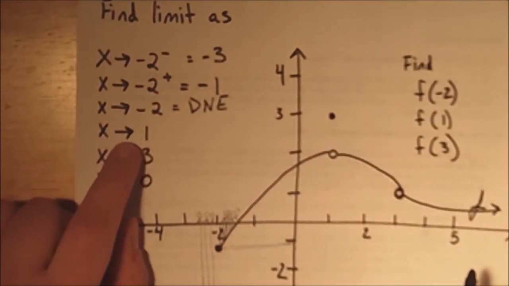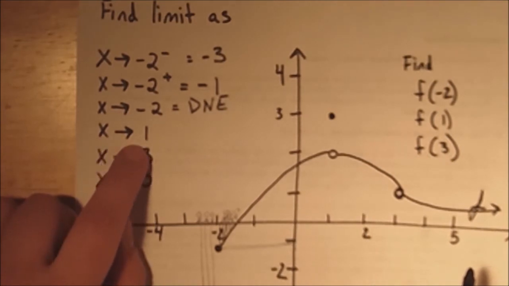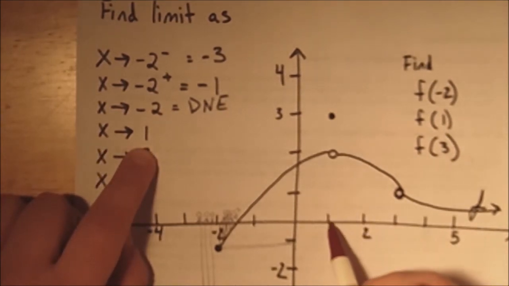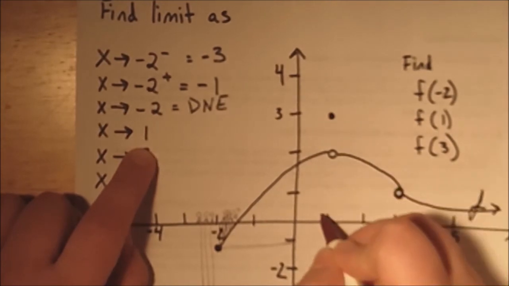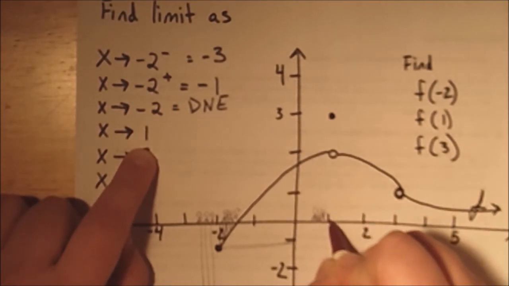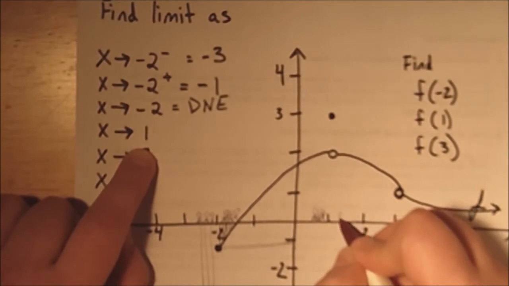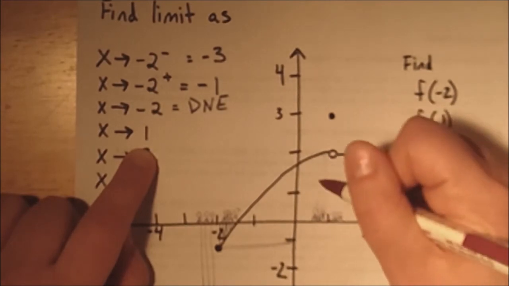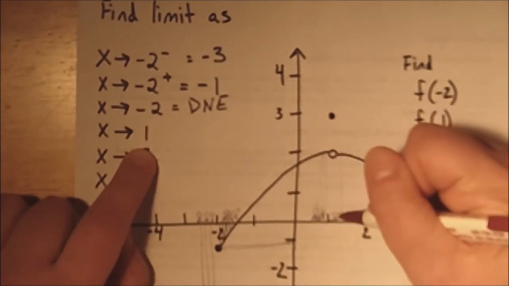Now, continuing on to look at the limit as x approaches 1. When I come over here to where x is 1, if I walk along from values less than 1, I'm getting closer and closer to 1, but I don't actually step on 1. As I walk along, I'm looking up at these functional values, and I don't actually step on 1.